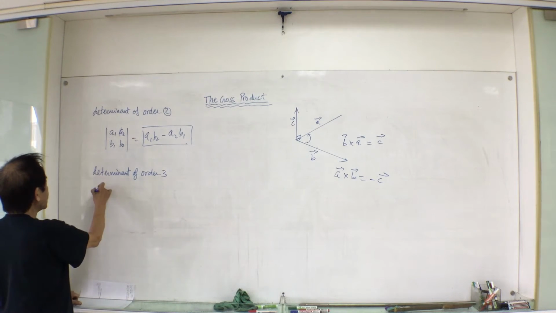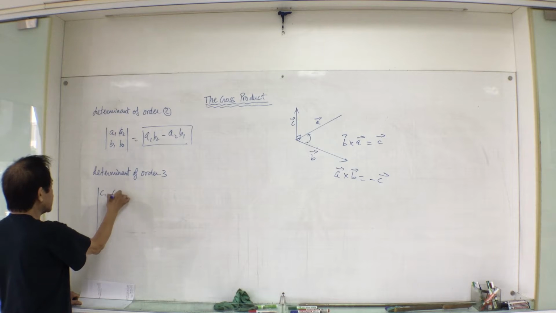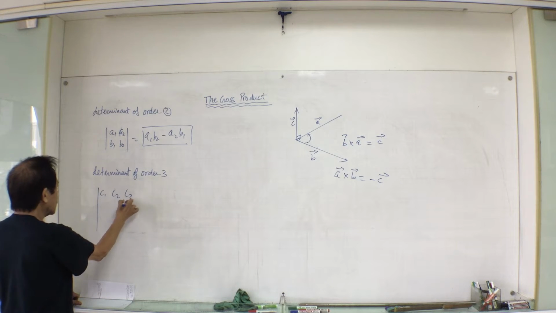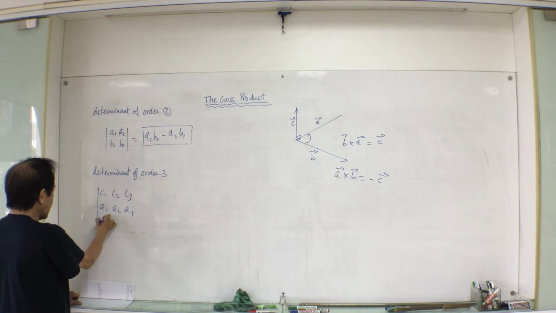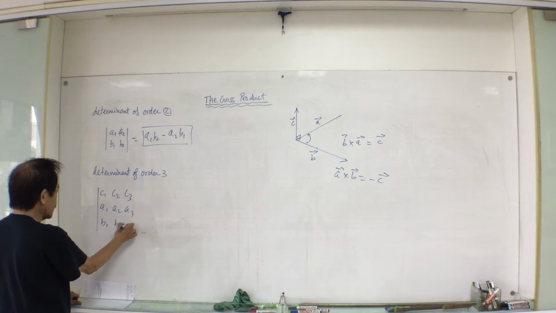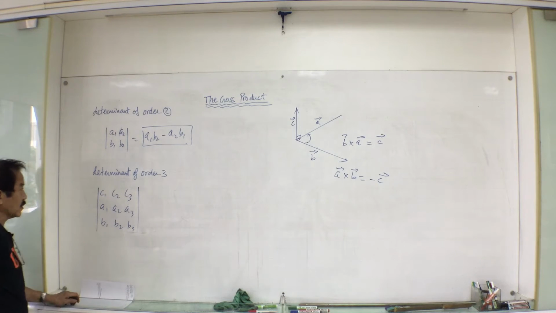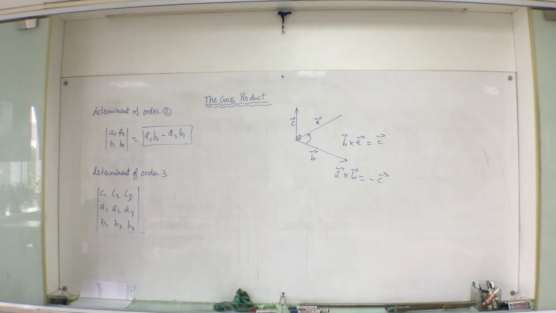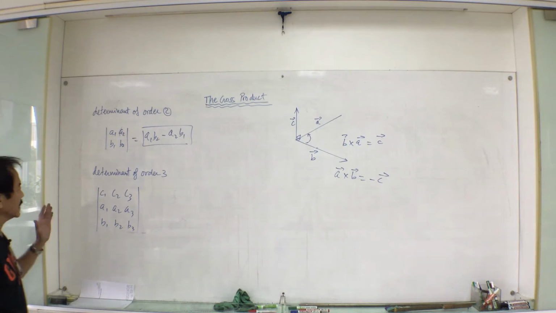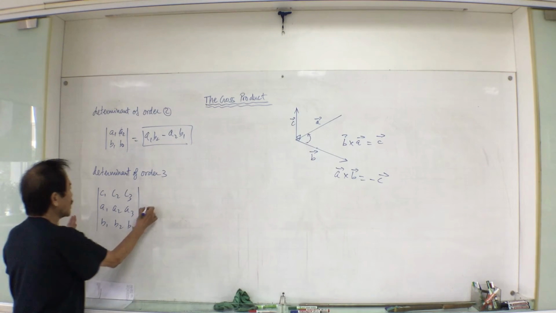So how about order 3? You're going to have C1, C2, C3, and A1, A2, A3, and B1, B2, B3. How do we calculate the determinant of order 3? First of all, here is what you try to remember.